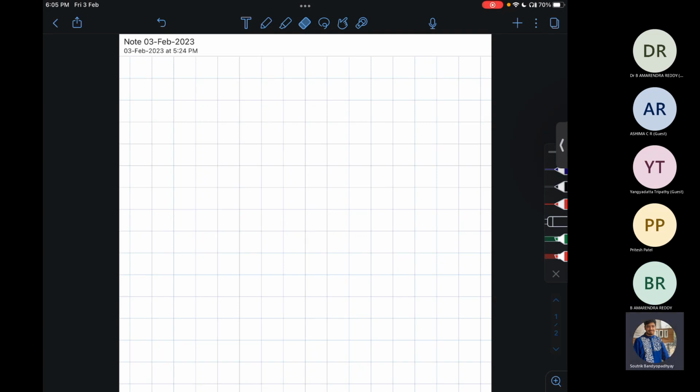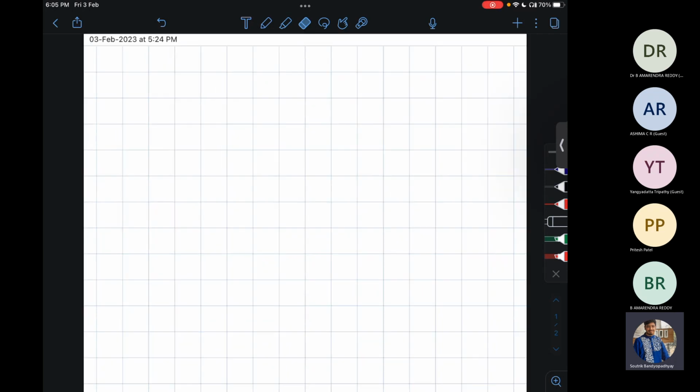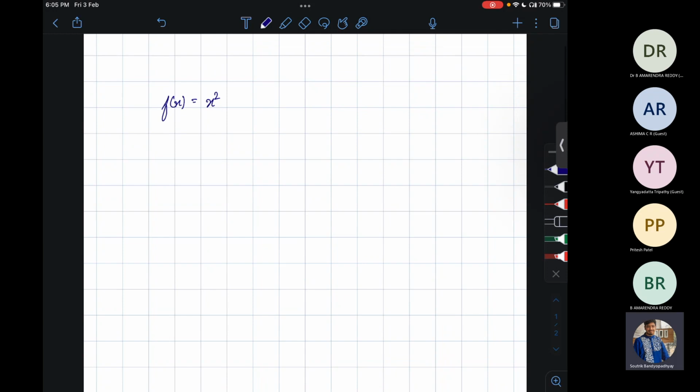Okay. So let's look at Lipschitz theorem. Lipschitz continuity is a kind of continuity which is generally dealt with in nonlinear systems and nonlinear control. So suppose you have a normal function f(x) is equal to x square, right?